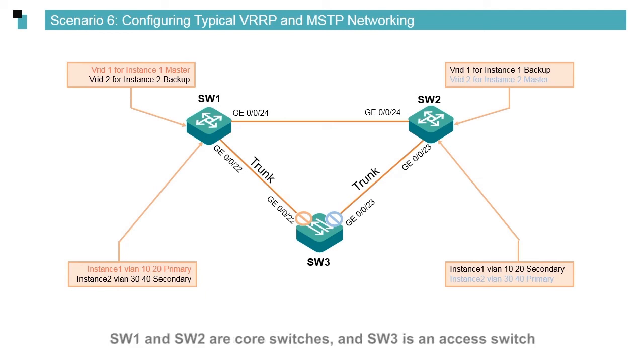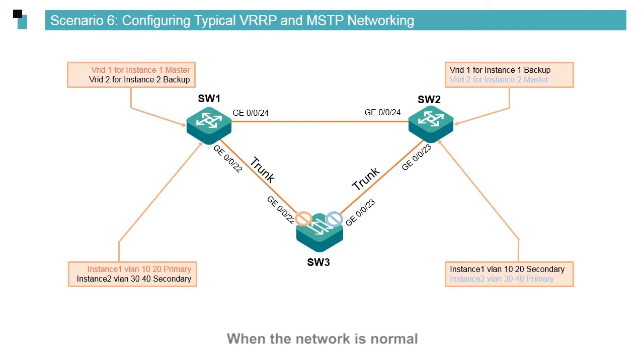SW1 and SW2 are core switches, and SW3 is an access switch which is connected to PCs. The three switches form a triangle redundancy environment. Assume that the internal network has 4 VLANs: VLAN 10, VLAN 20, VLAN 30, and VLAN 40.